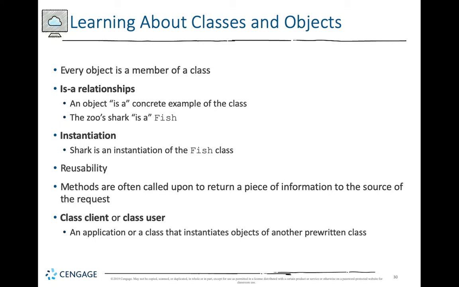This is an example of a desk, although it's a flimsy desk, right? The zoo's shark is an example of a fish, right? A shrew is an example of a rodent, right? There's an is-a relationship there.